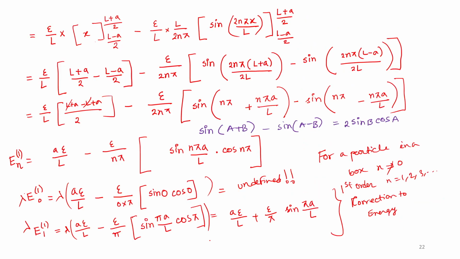So we put L by 10 here, L by 10 into epsilon by L, epsilon by pi sine pi into L by L10. L, L gone. This is epsilon by 10 plus epsilon by pi sine pi by 10.